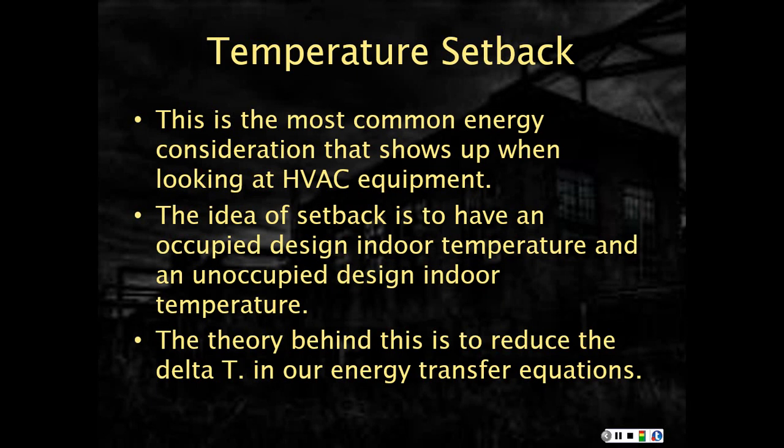So the idea of setback is to have an occupied design indoor air temperature and an unoccupied design indoor temperature. So you're basically going to shift the design temperatures. The theory behind this is you're reducing the delta T in our energy transfer equations.